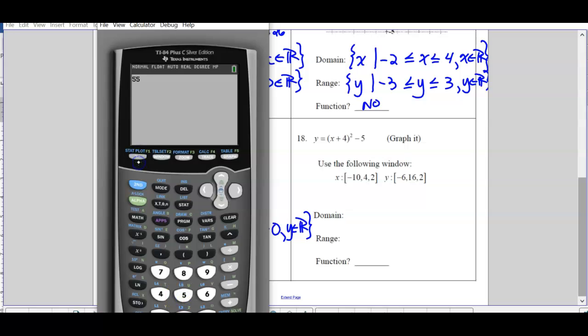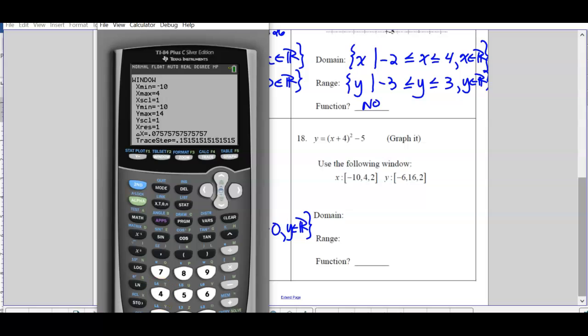Oh, you know what? I think, yeah, my alignment's a bit off. So y equals, and then bracket, x plus 4, close the bracket, squared, minus 5. Okay, then it says for the window, so then we go to window key, and we change it to -10, which the first one's already -10, so just press enter on it.